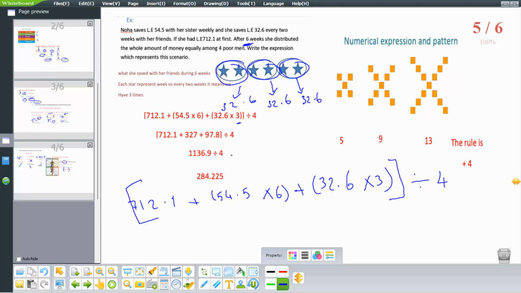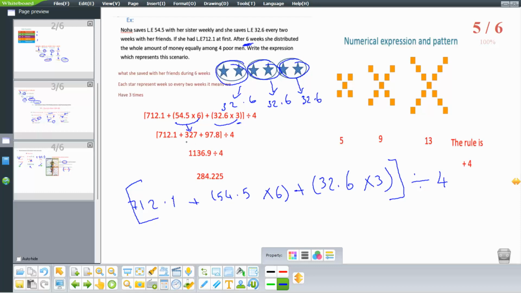So we must put it between big brackets, because the whole operation will be divided by 4. And we can find the answer. We will start with multiplication, and here we will finish multiplication.